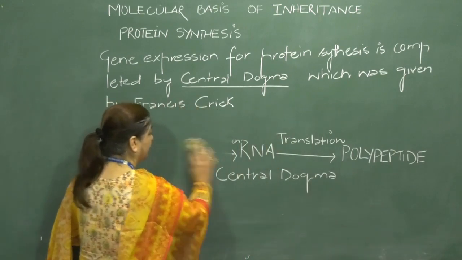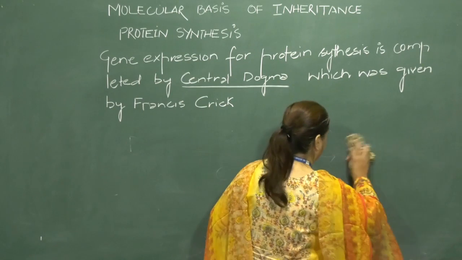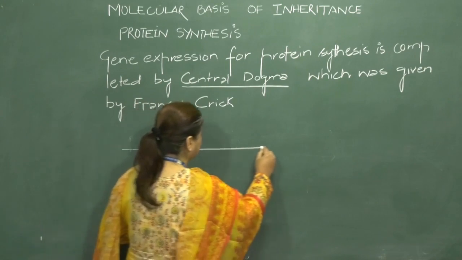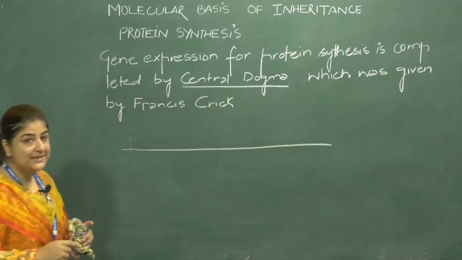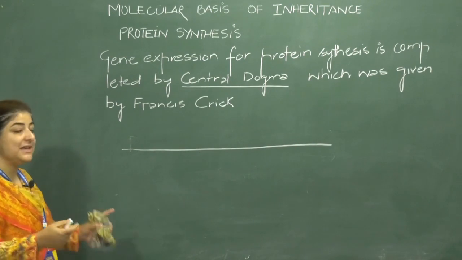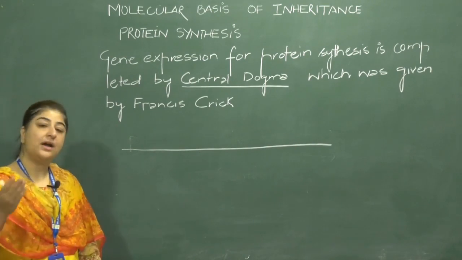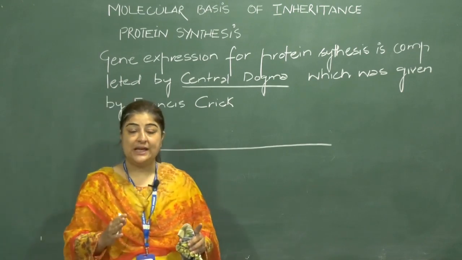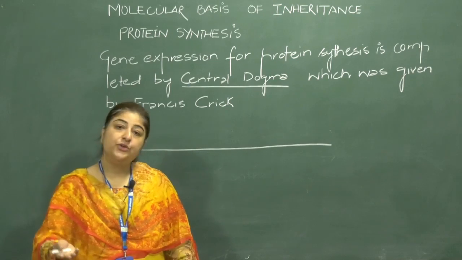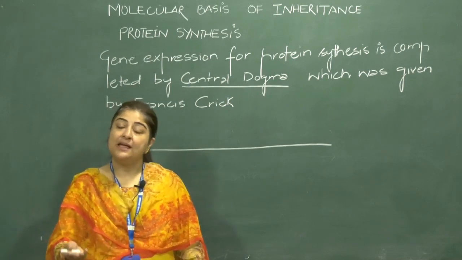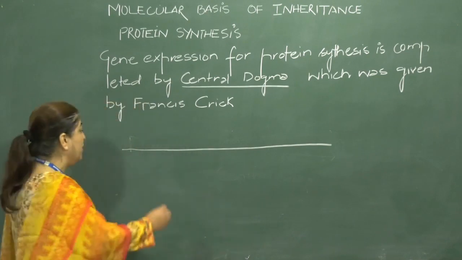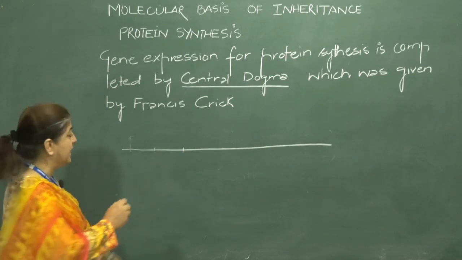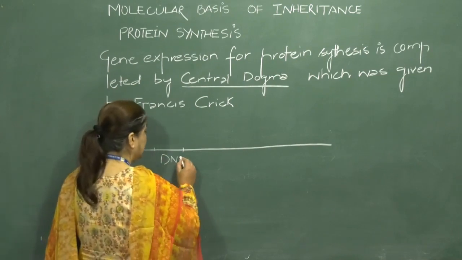Now suppose this is a DNA segment, and as you know, this DNA segment contains heterochromatin also and euchromatin also. Heterochromatin is basically that part of the DNA which is not transcribed, and euchromatin is that part of the DNA that is being transcribed.